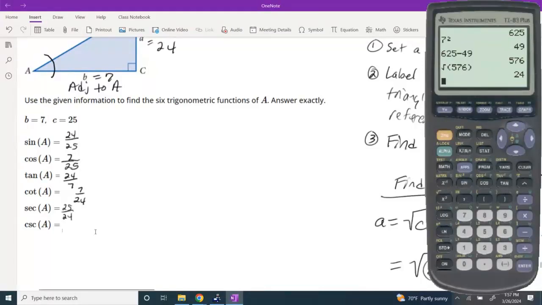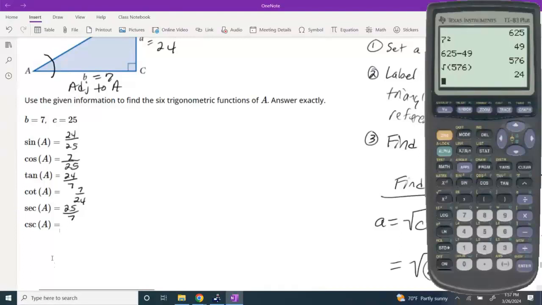And the reciprocal of cosecant is sine. Okay, let me go back. The reciprocal of secant is cosine. Right, the reciprocal of secant is cosine. So if the cosine is 7 over 25, the secant is 25 over 7.